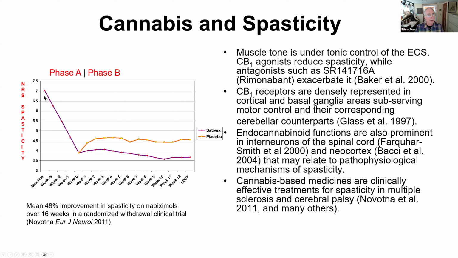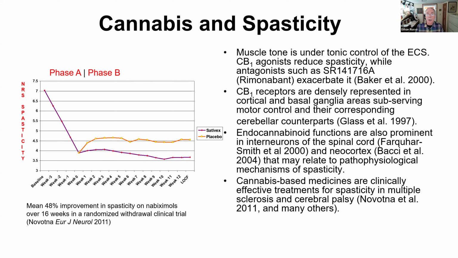There was a reduction in the numerical rating scale of spasticity from 7 to 4, at which point people were resupplied with medicine. Half were randomized to remain on the same number of sprays of nabiximols a day for their spasticity, and half were randomized to go to a placebo. And you see the marked difference subsequently, and this is what led to the approval of the medicine.